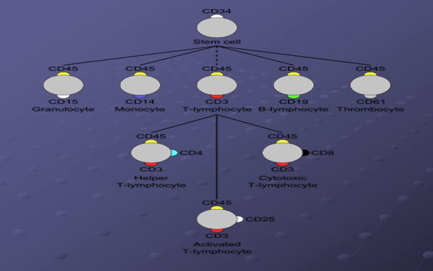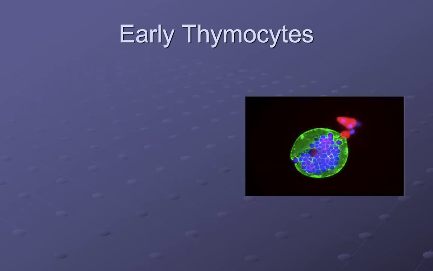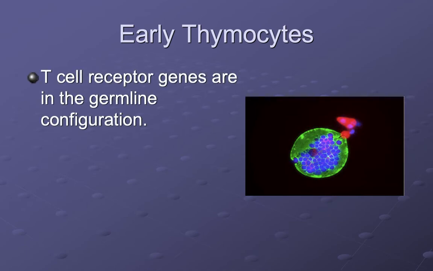Okay. Now, going back to the development of early thymocytes, let's begin our discussion with the genes that are coding for the T cell receptor. We know that T cells are characterized by the nature of their TCRs, their T cell receptors.